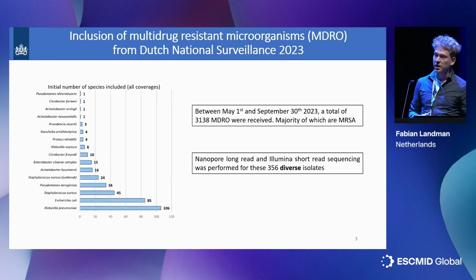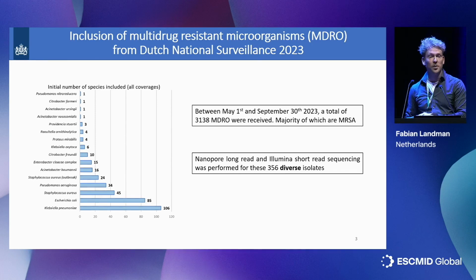So our data set was what we usually receive. All the Dutch medical microbiology labs send us their isolates, which are suspected to be positive for carbapenemase-producing or MRSA isolates. In a period of May till September, that was the selection of all our isolates. We received over 3,000 isolates.